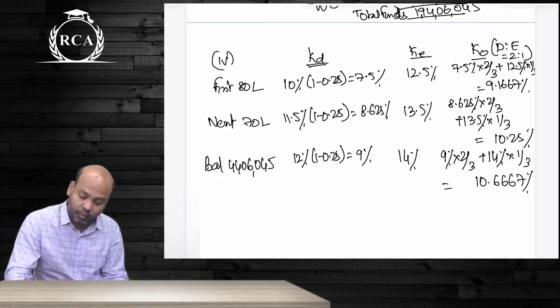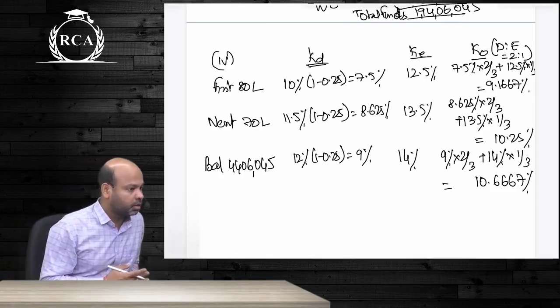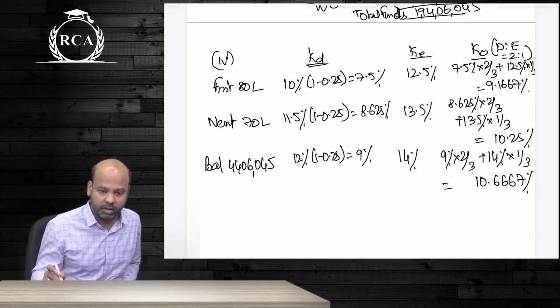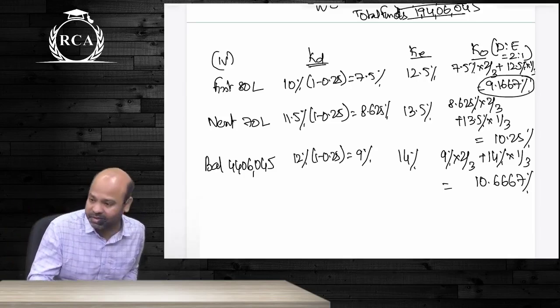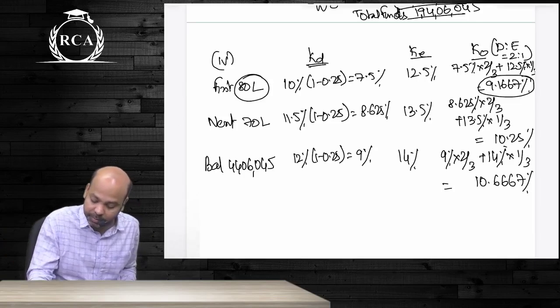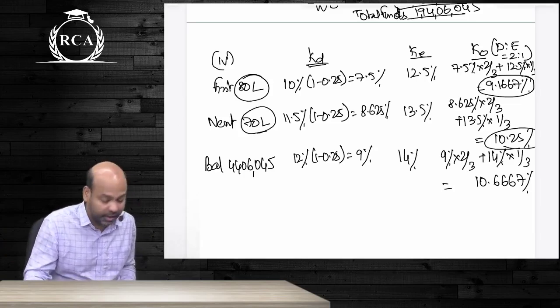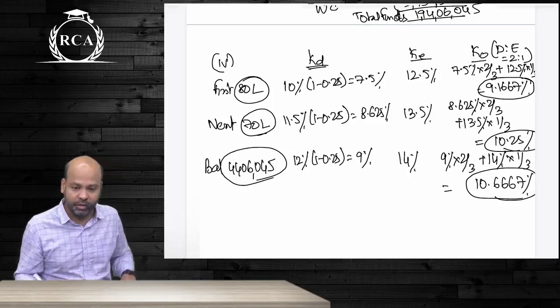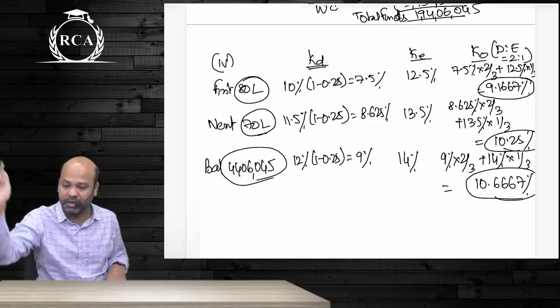नाउ गाइस व्हाट विल यू डू बेटा? टेल मी. अपन को ओवरऑल कॉस्ट ऑफ कैपिटल चाहिए ना. So 9.1667% into 80 lakhs plus 10.25% into 70 lakhs plus 10.6667% into 44 lakh 6045 divided by 1 crore 94 lakh 6045.